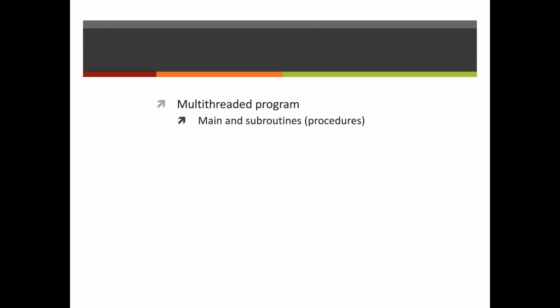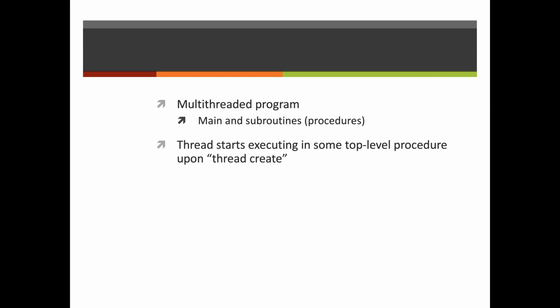And so let's consider that we have a multi-threaded program. In this program, we have a main as well as subroutines or procedures. The thread will start executing in some top-level procedure of the program, and this is denoted by a command called thread create.